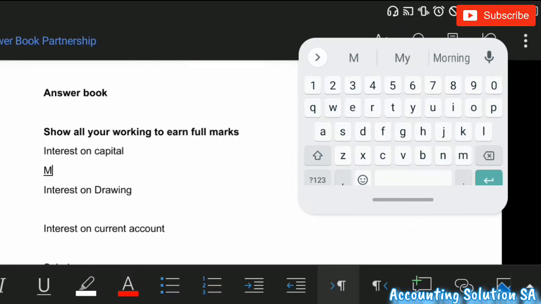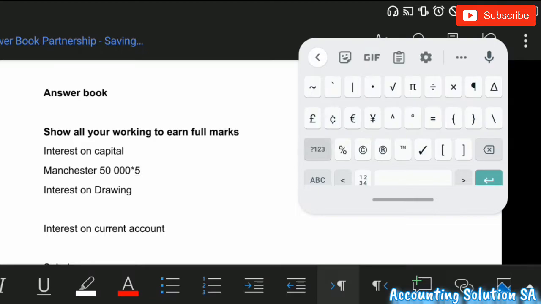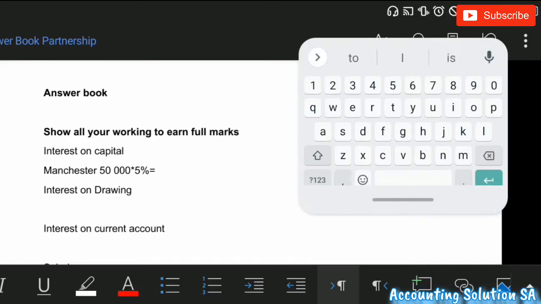This one is for Manchester. Manchester is 50,000, then we multiply by 5%. If you say 50,000 multiplied by 5%, you're going to get 2,500.